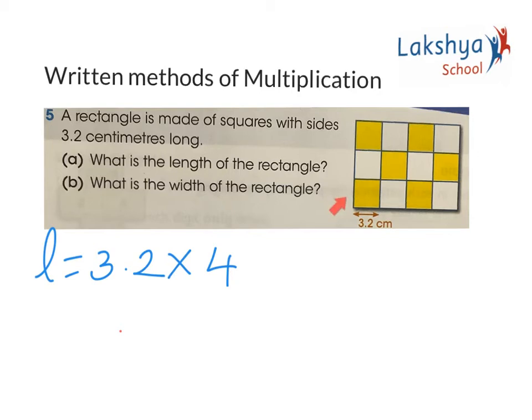Similarly, the width has 3 squares. So we need to multiply 3.2 by 3 to get the width or the breadth of the rectangle. Or we can even add 3.2 four times to find the length and 3.2 three times to find the width.